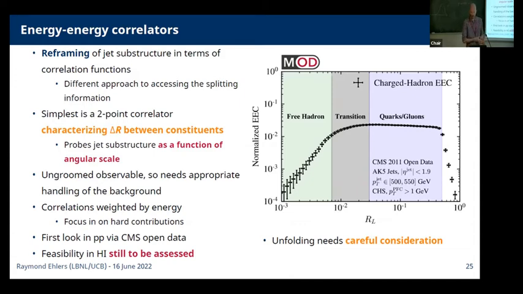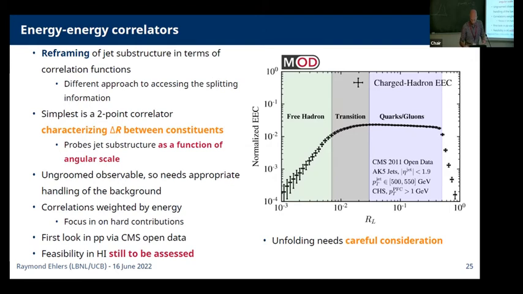In terms of how I understand this, the simplest is this 2-point correlator, where you characterize the separation, the delta R, between your different jet constituents, and you construct this correlation by correlating them all together, weighting them, for example, by their energy, such that this will focus on your harder components in your measurement.